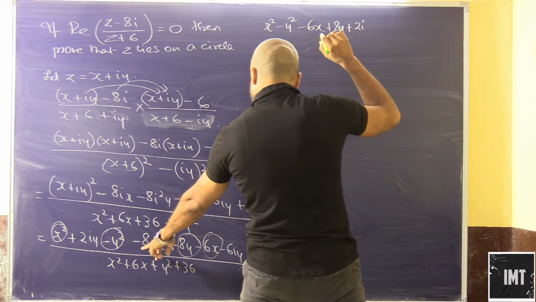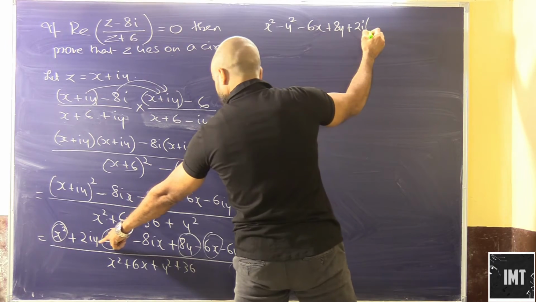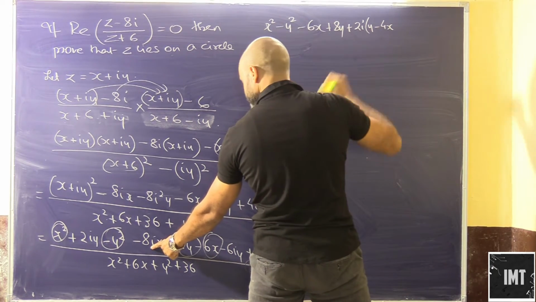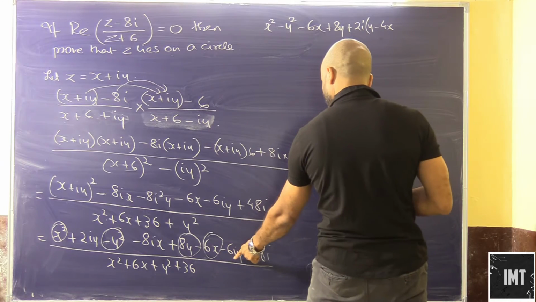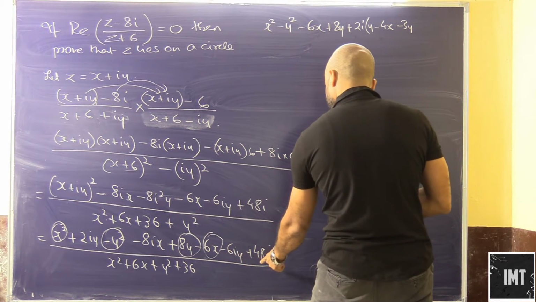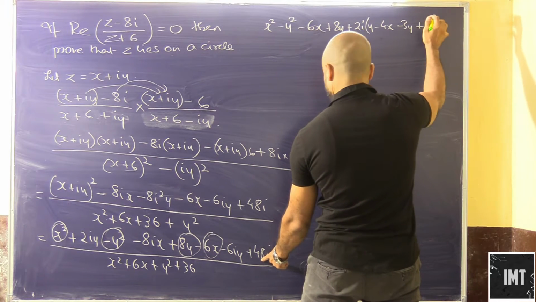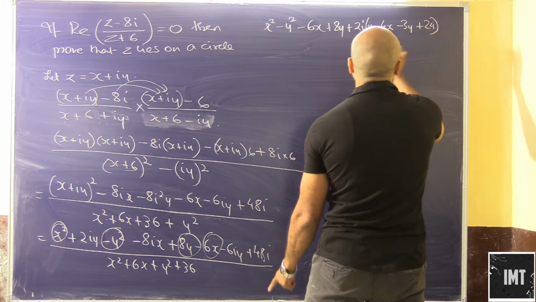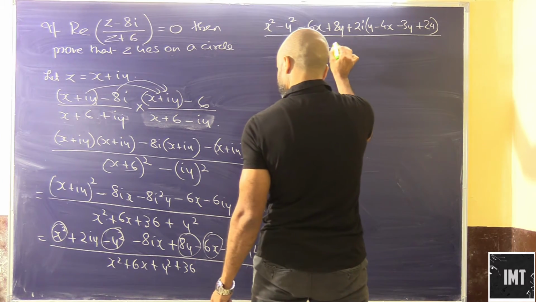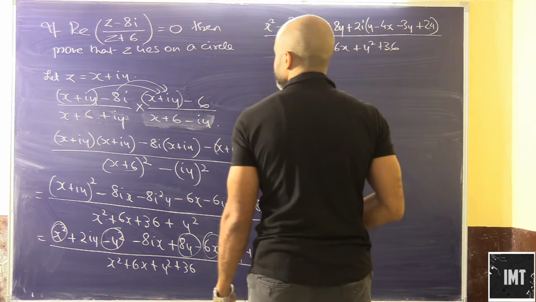If I see, at least 2 will be common between all of them. 2i into y minus 4x, this will be minus 4x minus 3y plus 16 to 24. So this will be upon x square plus 6x plus y square plus 36.